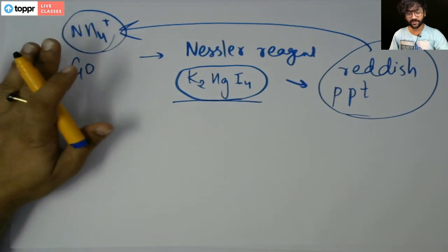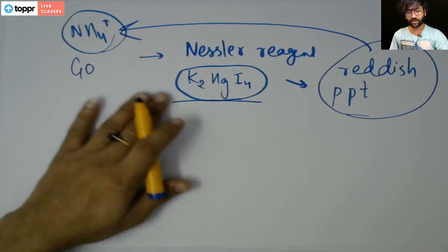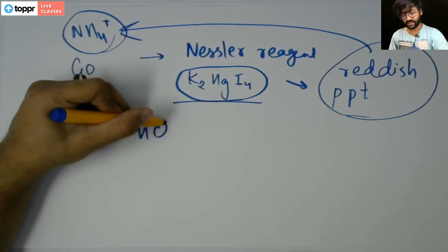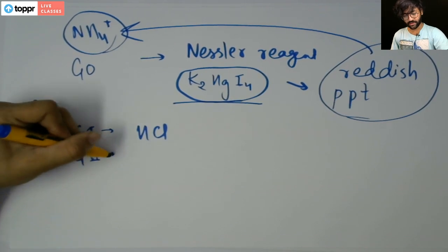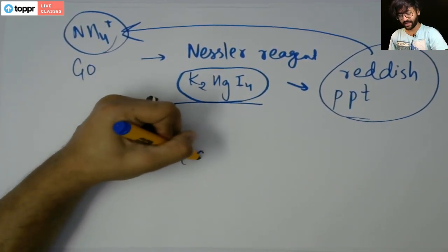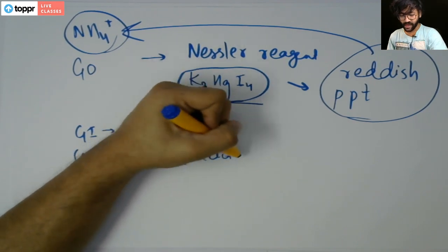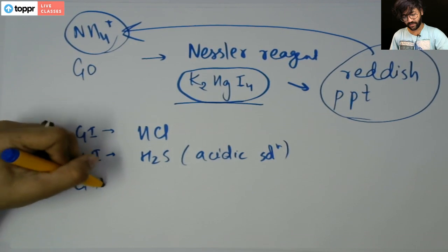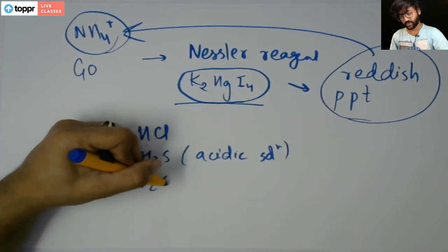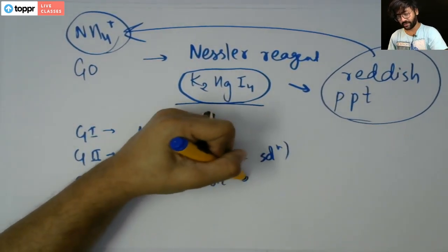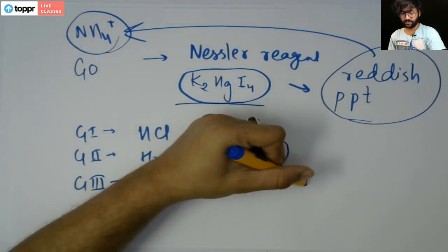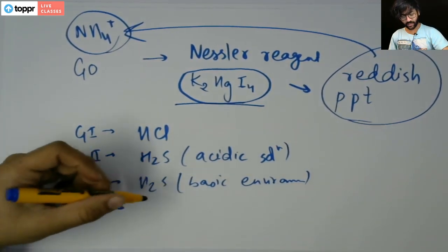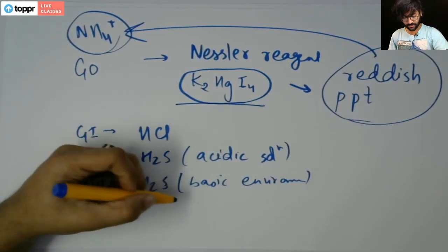Alright, so these are all the tests for cations. For group 1 it's HCl, for group 2 it's H2S but in acidic environment. Then for group 3 the positive test occurs in again H2S but in basic solution. For group 4 we have basically the buffer.